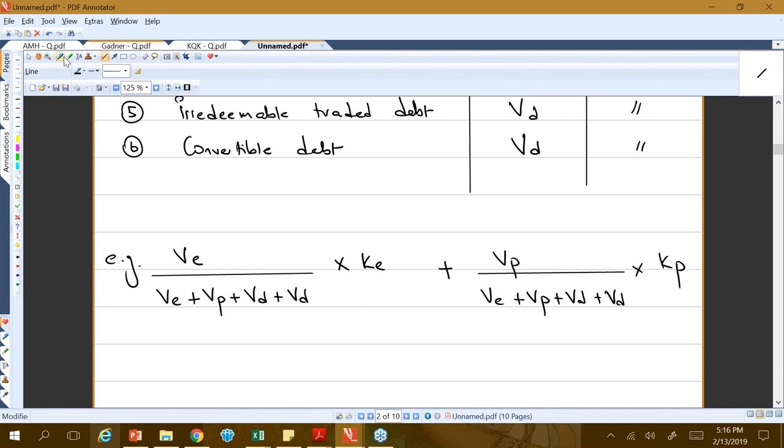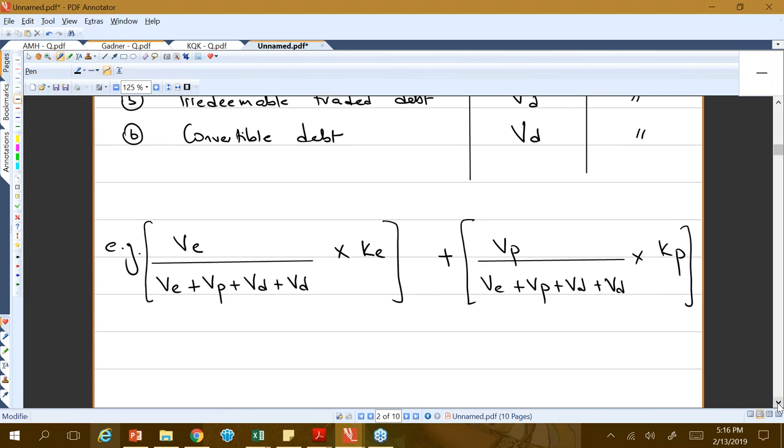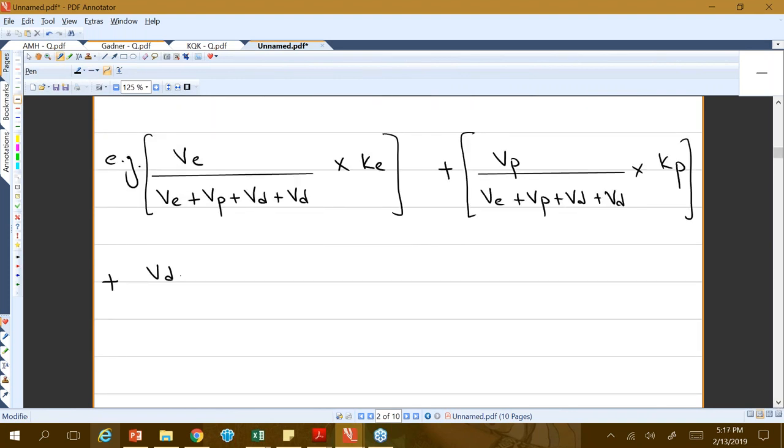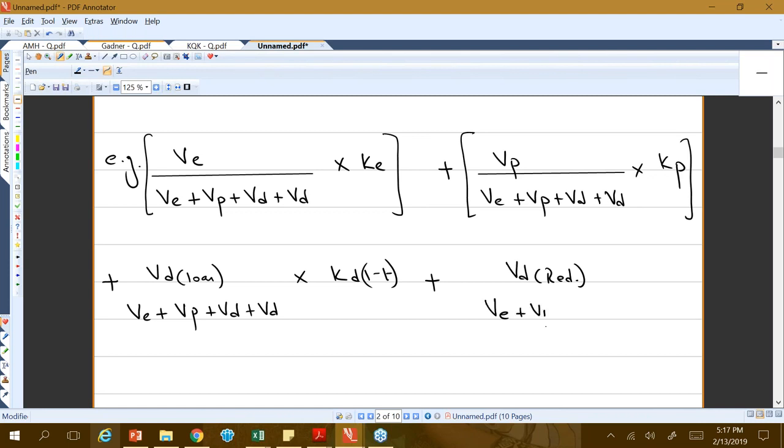Assuming a business is using ordinary share capital, it is also using preferred capital, and then it is using 2 types of debt. The first of the 2 types of debt is, let's say, the bank loan. So this is the loan: VD over VE plus VP plus VD plus VD into KD(1 minus T). And it is also using some redeemable bonds or redeemable debt: VD over VE plus VP plus VD plus VD into KD(1 minus T).